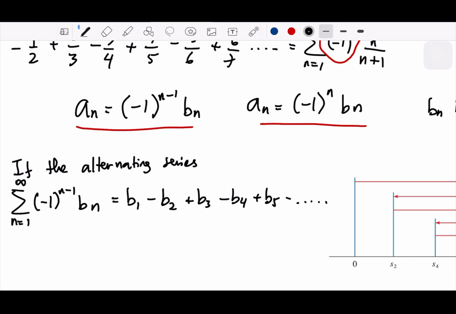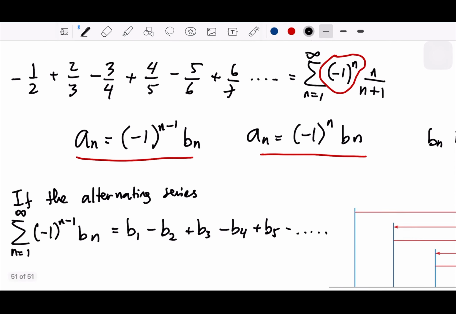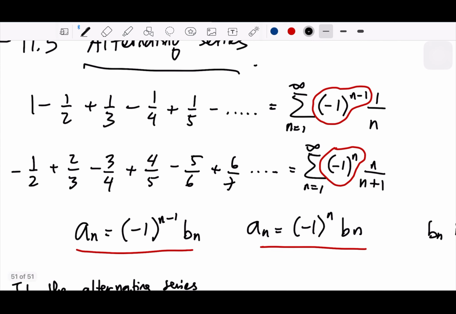If I want this series to converge, what can we do about these B1, B2, B3, B4, B5? Remember 1 minus half plus 1 over 3 minus 1 over 4.